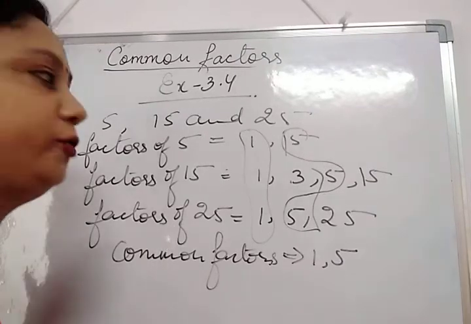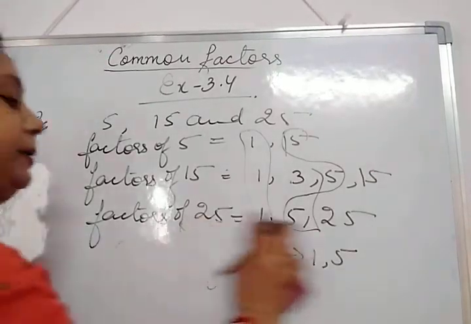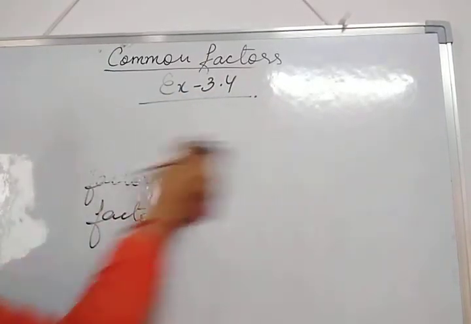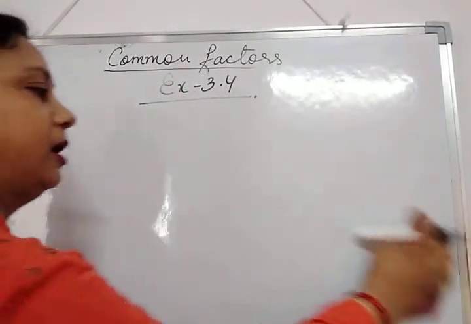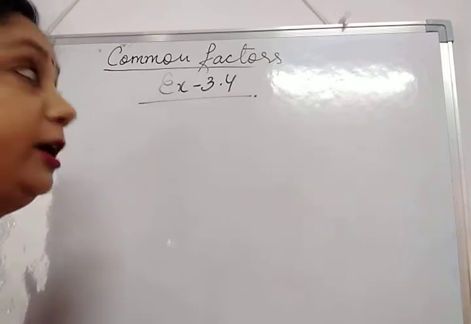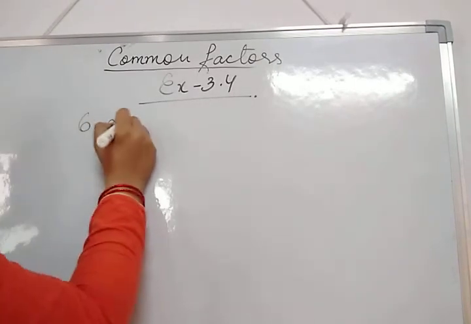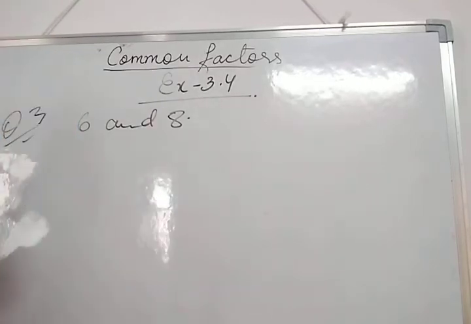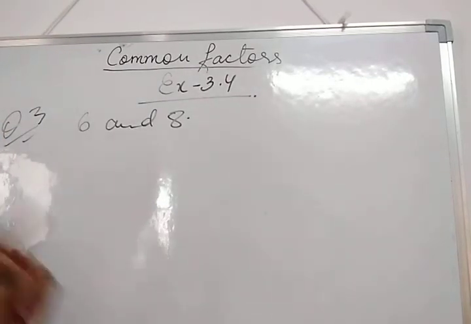Now we have to find out the common multiples. As you know, the multiples are endless. So how can we find out all the common multiples? For that, you have to see this question. First we will find out the first common multiple between the given numbers.